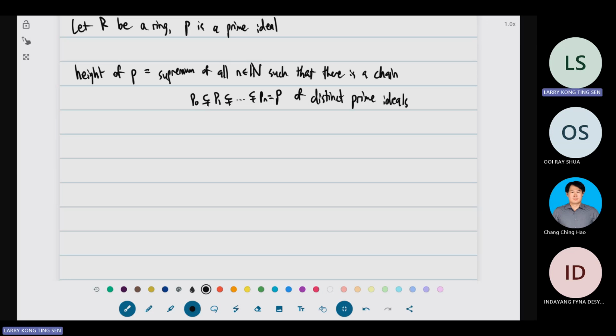Basically, we define the height of a prime ideal P to be the longest possible chain of distinct prime ideals contained in this biggest prime ideal.